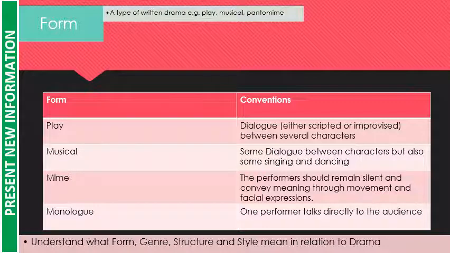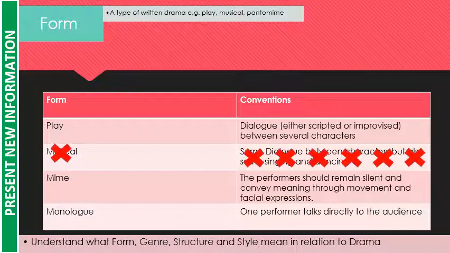Mime is another form that you could have, which is where the performers remain silent to convey meaning through movement and facial expressions. Think about in our play, is the whole thing mime? Is it completely silent? The third form that a performance could take on is a monologue, which is where one performer talks directly to the audience.